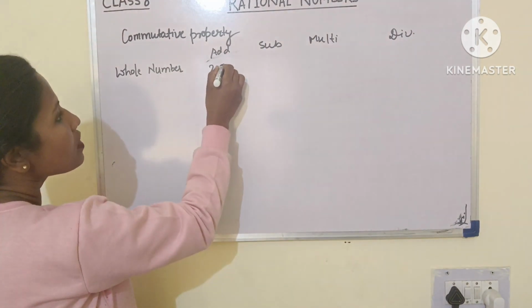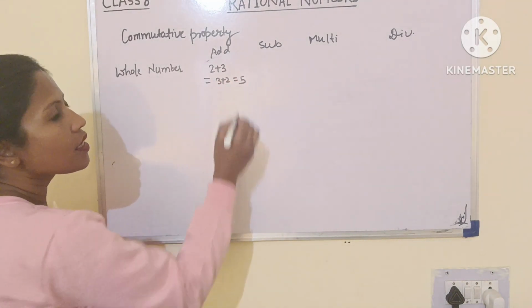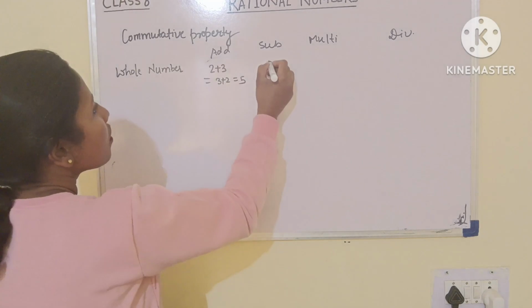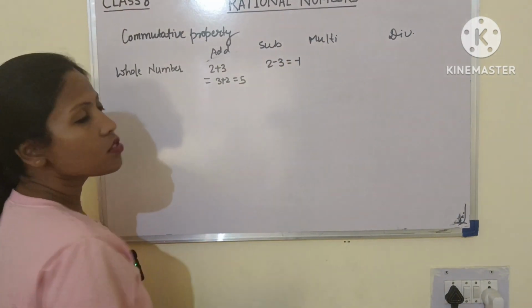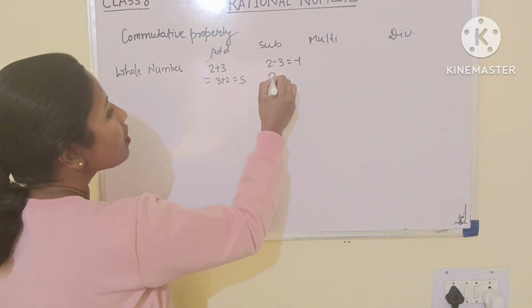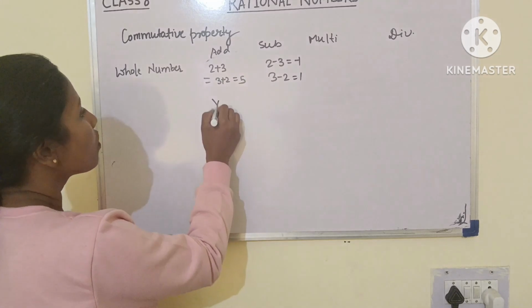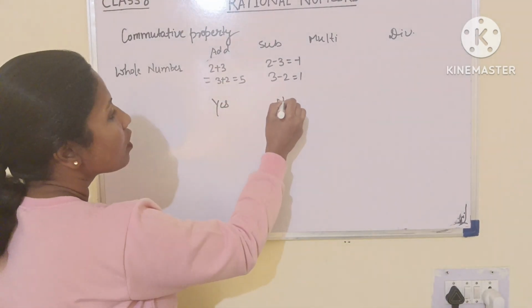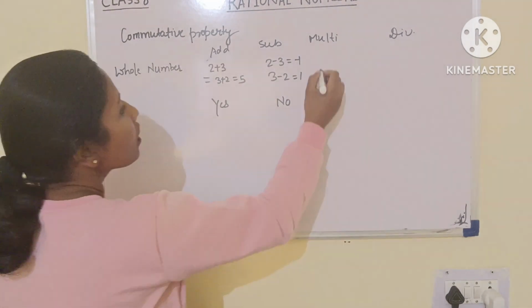So 2 plus 3, we can write 3 plus 2, right? In each case we will get a result of 5. 2 minus 3, what will you get? Minus 1. And 3 minus 2, you will get 1. So here the rule is not followed. This is not following the commutative property.